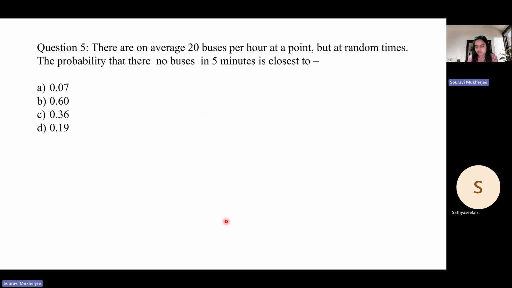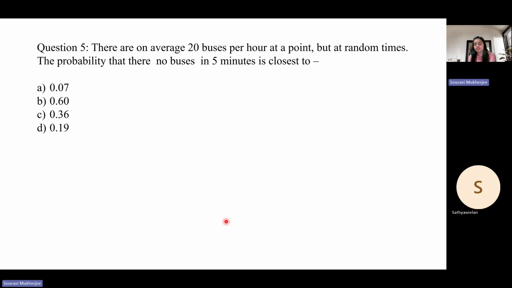The Poisson distribution also relates to radioactive decay, right? Events happening with a very low probability, but at random times, are associated with the Poisson distribution. So it says there are 20 buses per hour at a point, but at random times, and the probability that there are no buses in 5 minutes is closest to what value?